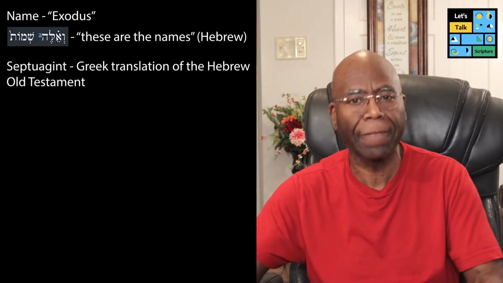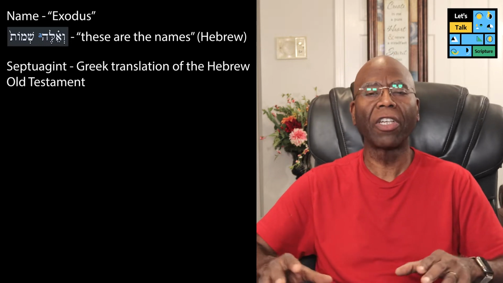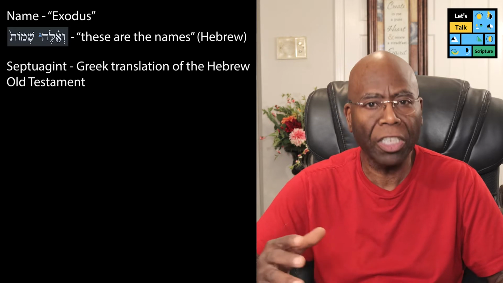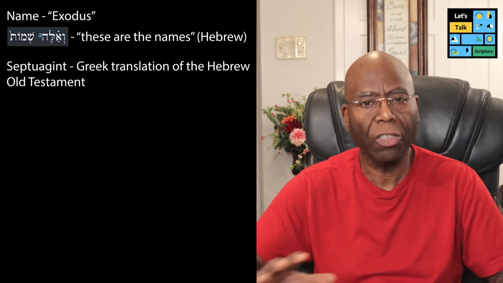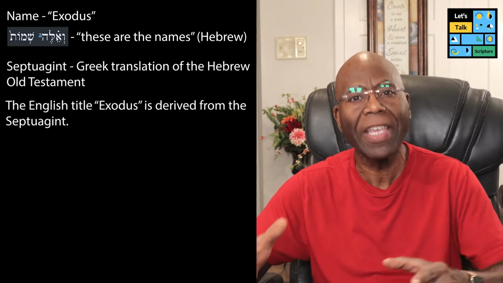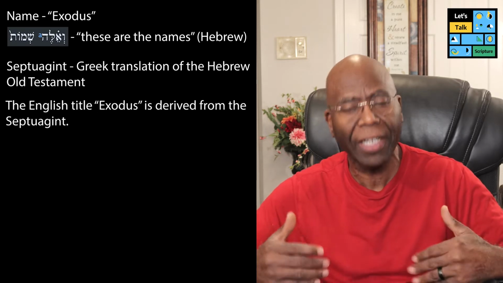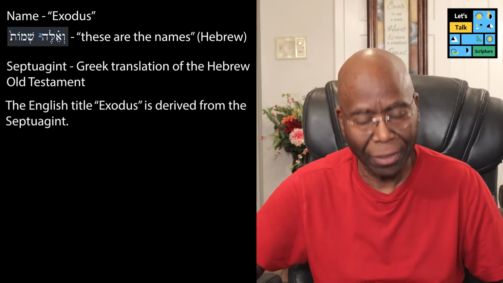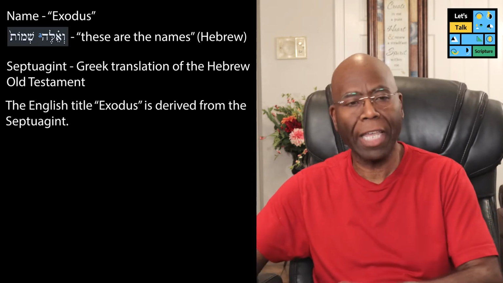And so what they did was they looked at the overall theme of the book, which dealt with a departure. Therefore they gave it the name that we have, which is derived from the Greek, Exodus, which basically means to depart. Okay. And so that is the name of the book.